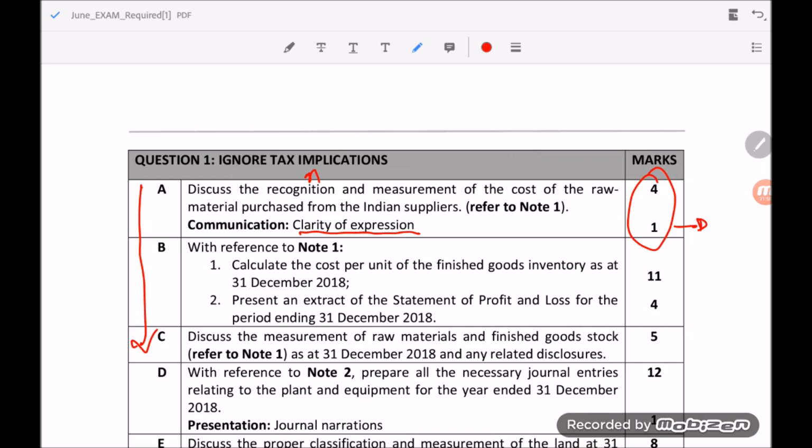Now when you look at measurement, I think measurement also had a number of marks coming from there, but what was important for measurement was to note that IFRIC 22 was applicable there. So when you're looking at the purchase price, you're supposed to translate it at the rate of 71.02, which was the rate at which the payment was done as per IFRIC 22, and then the rest, all the costs which were incurred to bring the inventory to the present location for them to be sold.